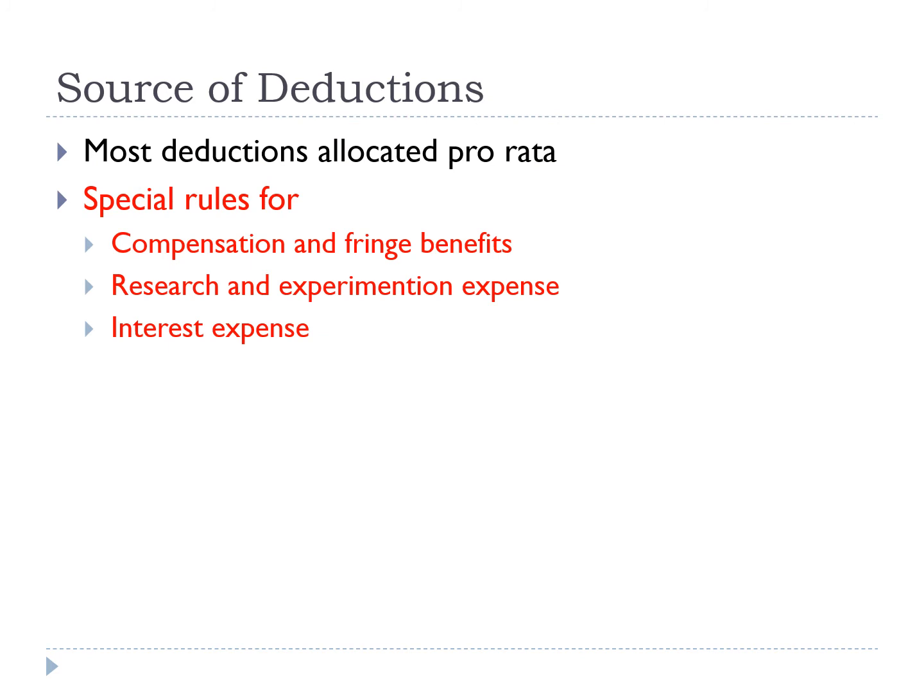However, special allocation rules apply to many types of deductions. We will focus on the special rules applicable to the deductions for compensation and fringe benefits, research and experimentation expenses, and interest expense.